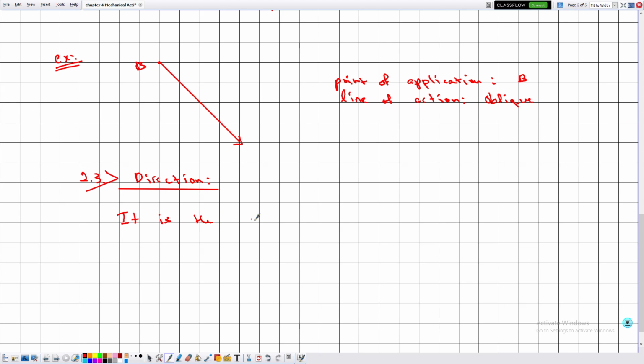It is the direction along which the force is applied. We have the following choices.